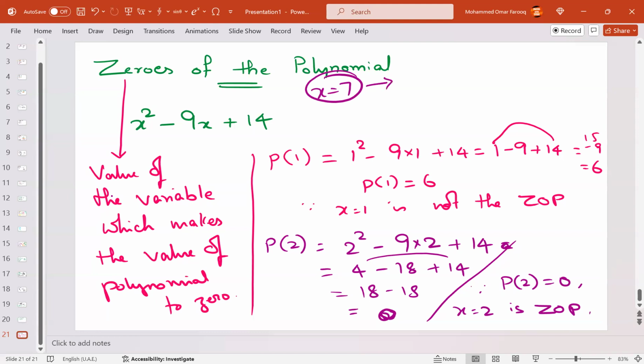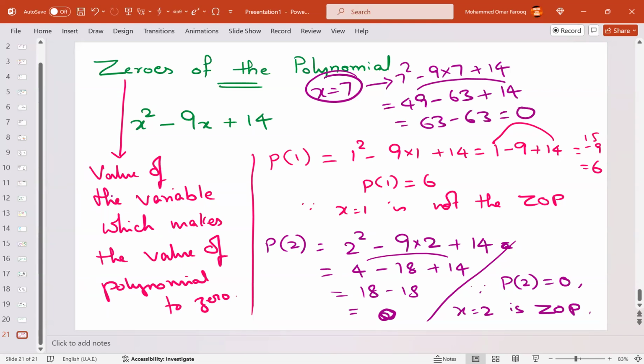If you take 7, it gets to 0. 7 square minus 9 into 7 plus 14. 7 square is 49, minus 63, plus 14. We already know 49 plus 14 is 63, and 63 minus 63 is 0. Therefore, x is equal to 2 and x is equal to 7 are zeros of the polynomial. I hope you understand the concept of zeros of polynomial.